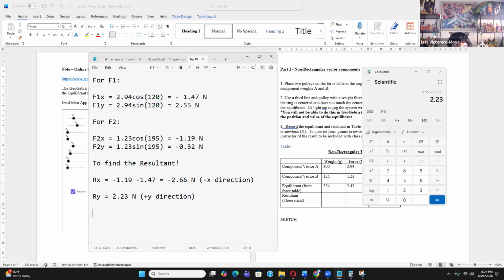Okay? So the resultant is the square root, the Pythagorean theorem, of the X component square plus the Y component square. So that will be the square root of 2.66 square plus 2.23 square. Now you're probably wondering why I don't put a negative, because the square will cancel a negative. It doesn't matter.